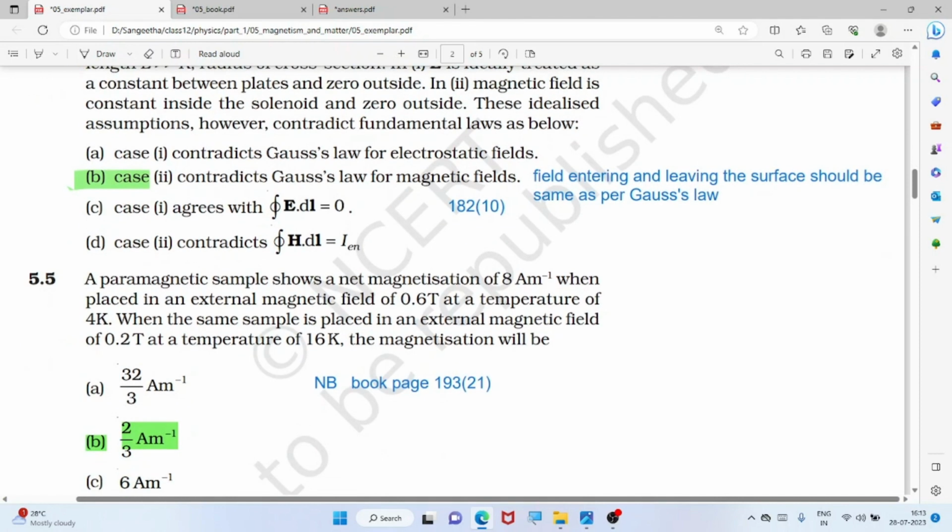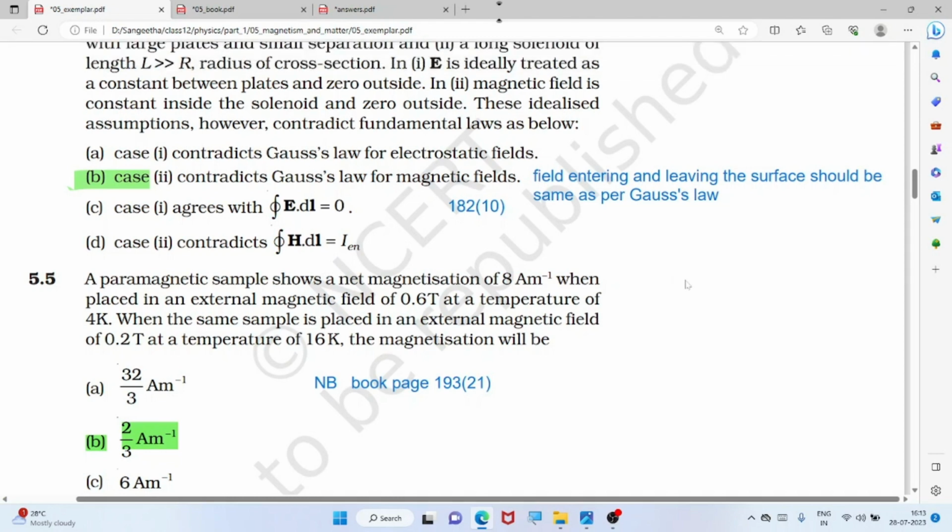The magnetic one contradicts Gauss's law for magnetic fields, because it says the net magnetic flux through a closed surface is zero. That is, the field entering and leaving the surface should be the same as per Gauss's law: the closed surface integral of B dot dS is equal to 0.